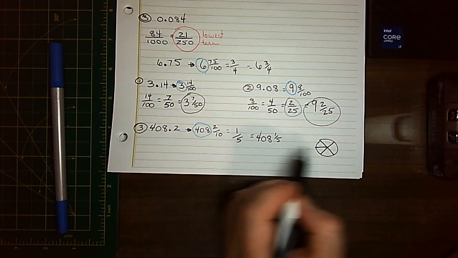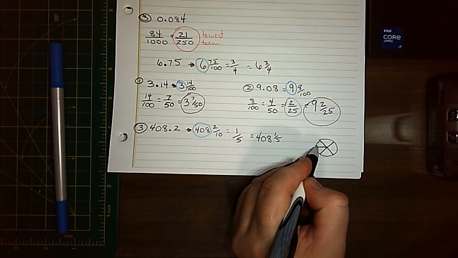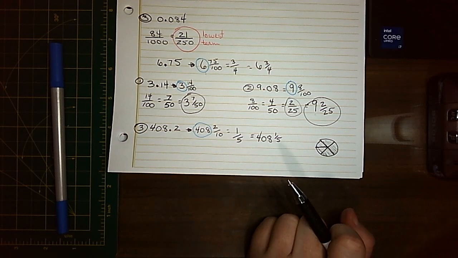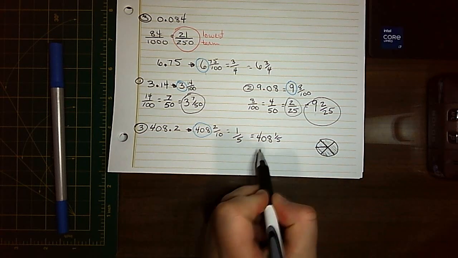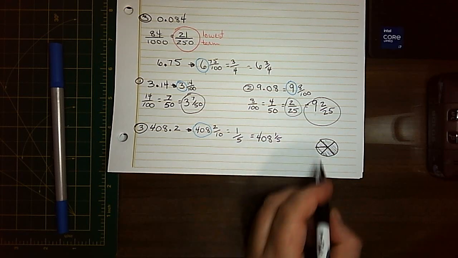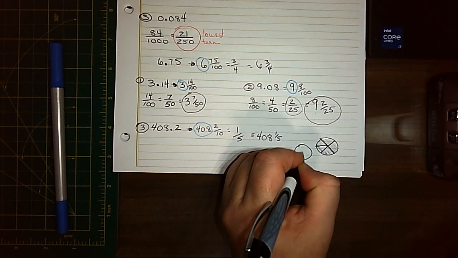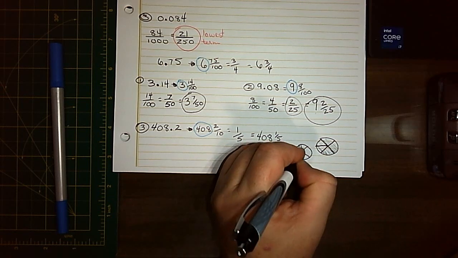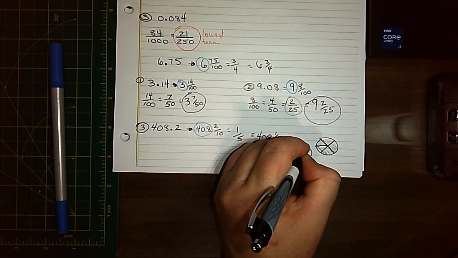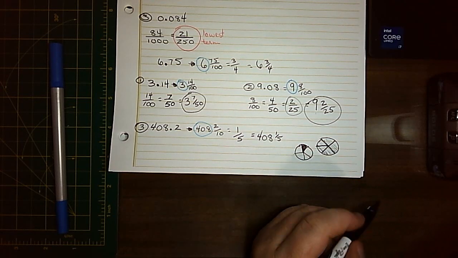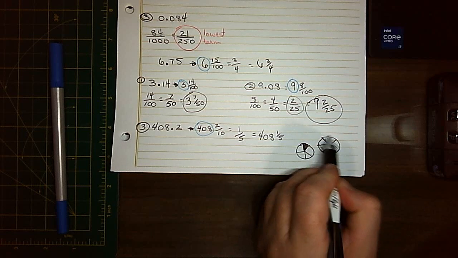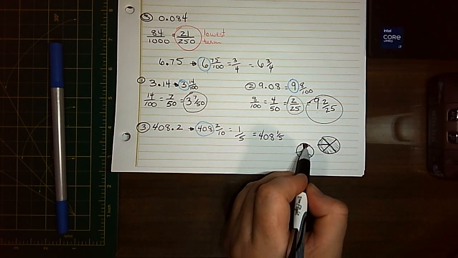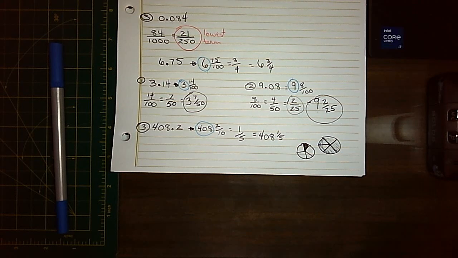I've got 408 whole 5-slice pizzas. 408 whole ones. But I only have 1/5 of another one. Does that make sense? 408 whole of these 5-piece parts and 1/5 of it. Okay?